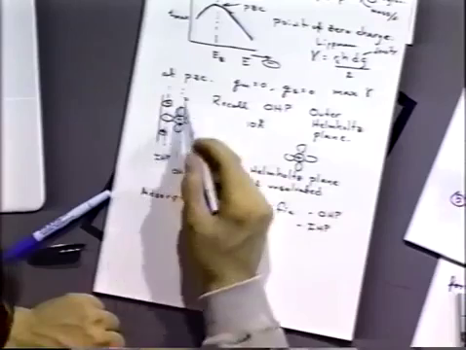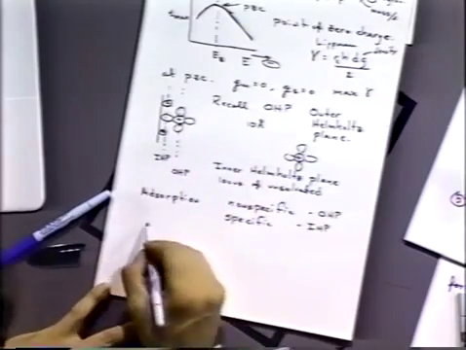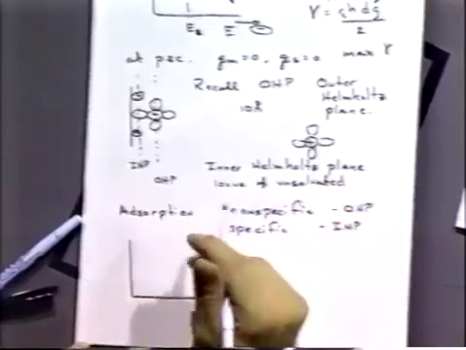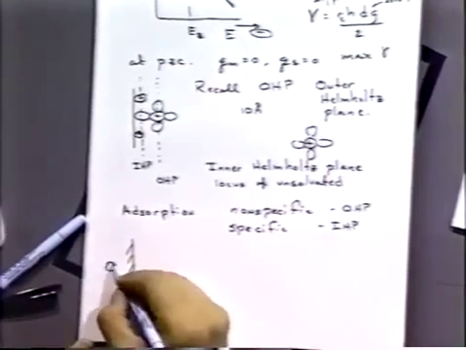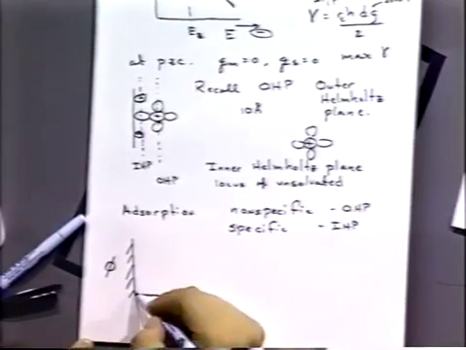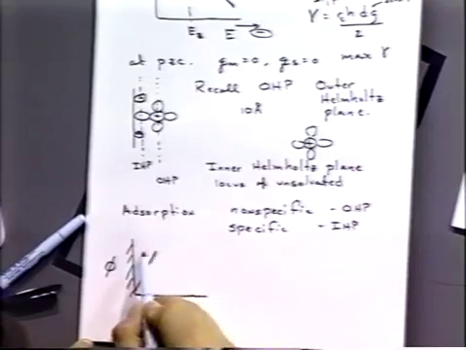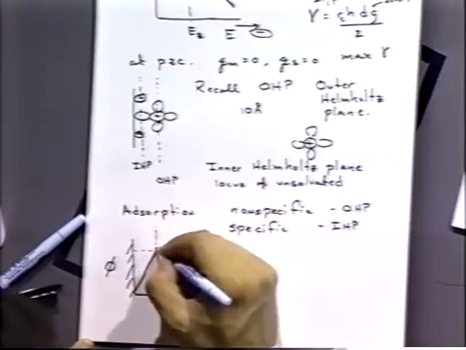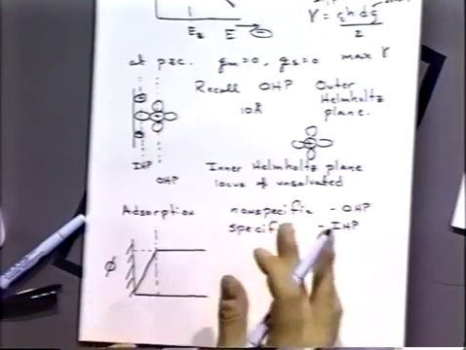Now, what if we do have molecules attached to the electrode surface or nearby? Well, that suggests that there will be a potential gradient near the electrode surface, and that's an important idea. So if we think about the potential, it turns out that we often can assume that the potential has a gradient, and for ease of comparison, we'll talk about the gradient being in a straight line, although it wouldn't necessarily be in a straight line.